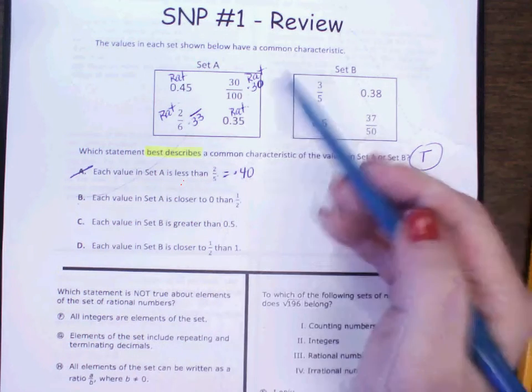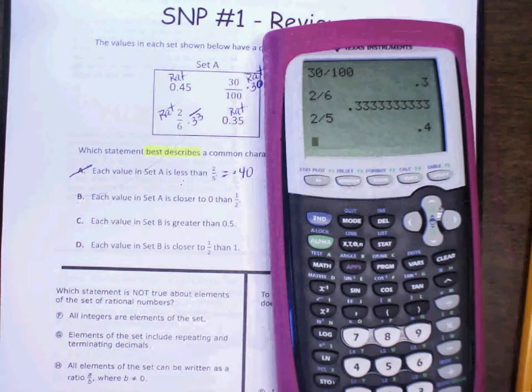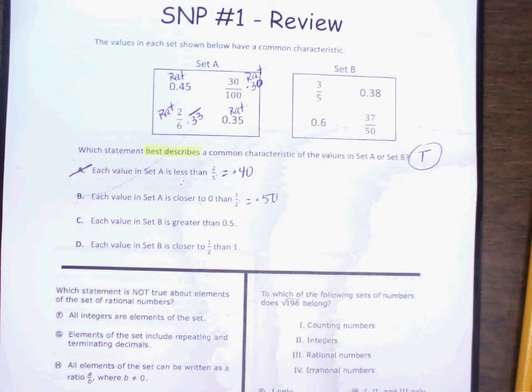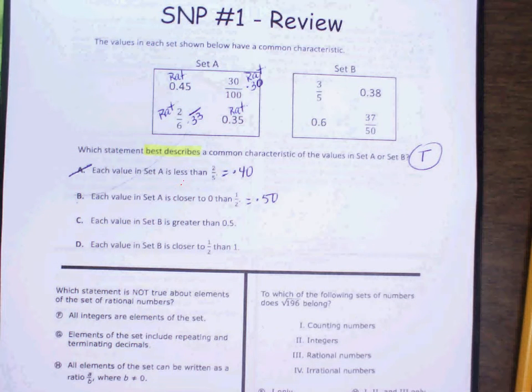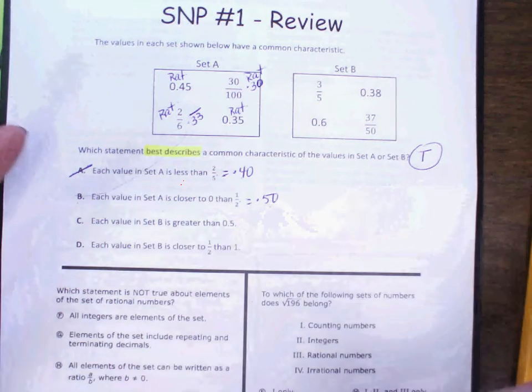Each value in set A is closer to 0 than 1/2. What is 1/2? Very good, 0.5. So if it's closer to 0 than 0.50, what does that mean? It's smaller. If it's closer to 0, that would be smaller.